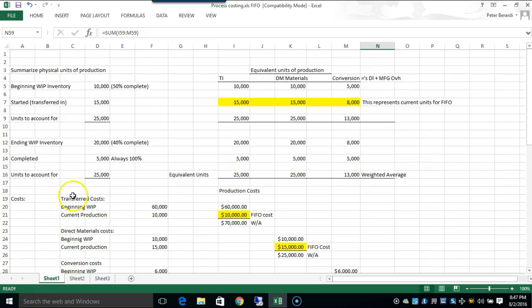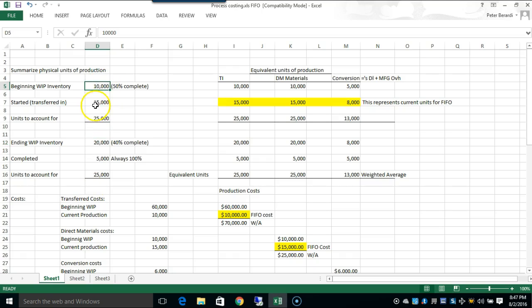So, step 1, summarize physical units. If direct materials are not given to you as a percent complete, it's assumed 100%. When it says 50% complete or 30% complete in a problem, they mean conversion costs. So only worry about the conversion cost column. Direct materials will get 100%, again, unless the problem tells you differently.